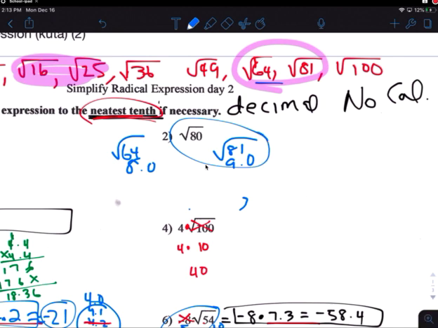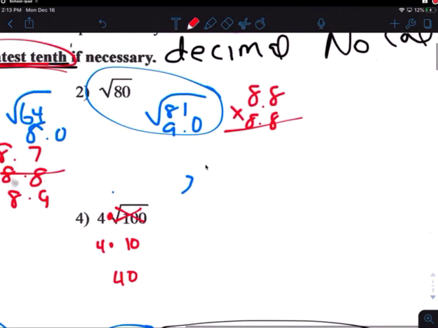It's definitely closer to 9.0. So numbers that are closer to 9.0 are 8.7, 8.8, and 8.9. Start out with 8.8 first, okay? Times 8.8. Do that, see what you get.